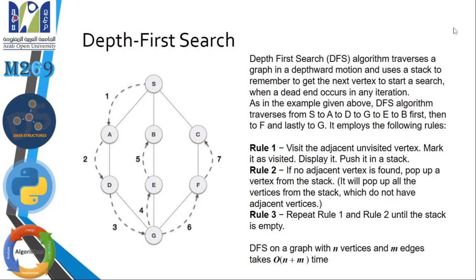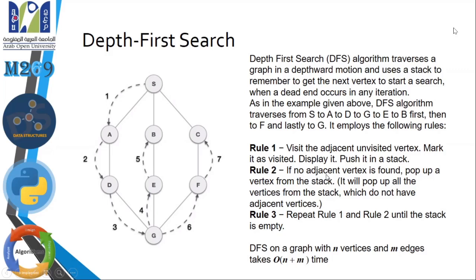Okay, now, you will start visiting not all the neighbors, you will visit only one and you will select it. It's up to you. Only one. From that one, it will be pushed on the stack.